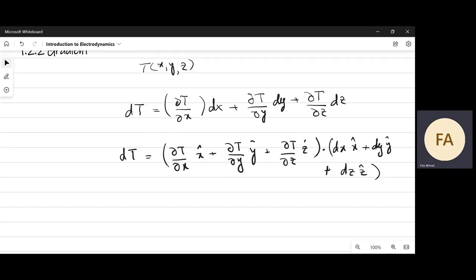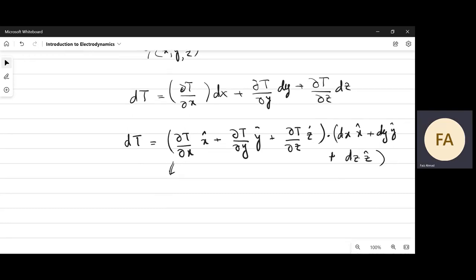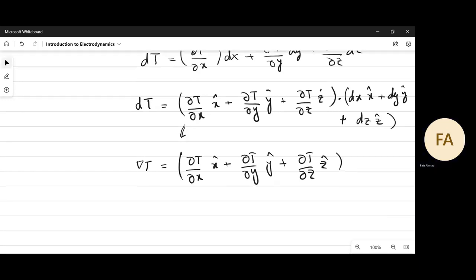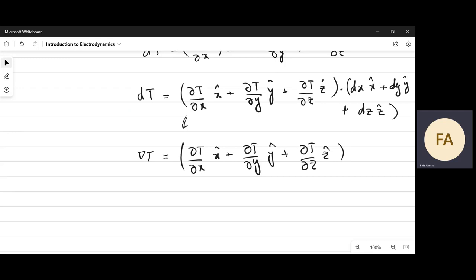By definition, this vector quantity is defined as delta T, and delta T is partial T over partial x plus partial T over partial y plus partial T over partial z. So we call this quantity a gradient.